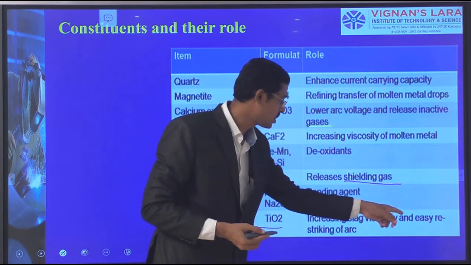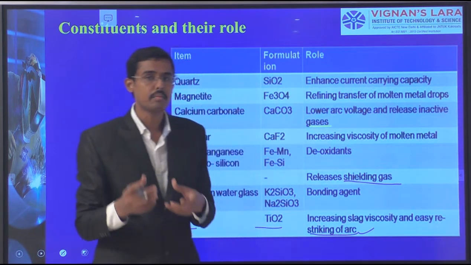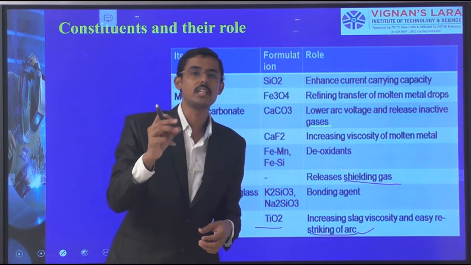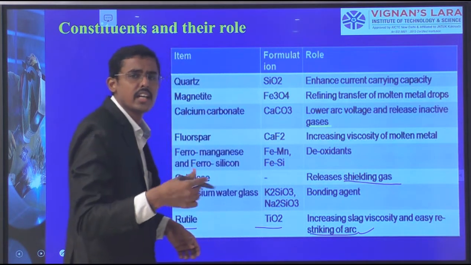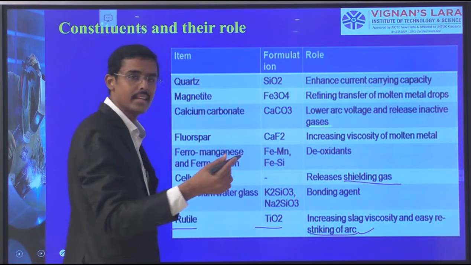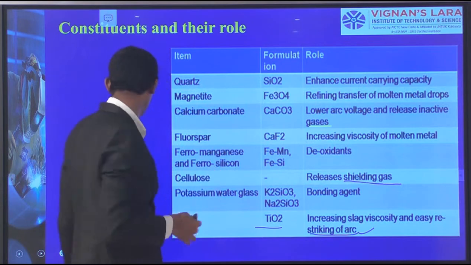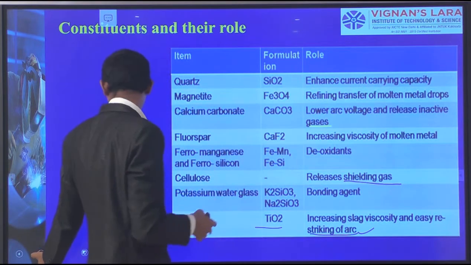It increases the slag viscosity and makes striking of the arc and maintaining of the arc easy. It means a stabilizing arc occurs. So high heat generation, obviously deeper penetration, high melting, fast welding we can do. Time saving we can do there.